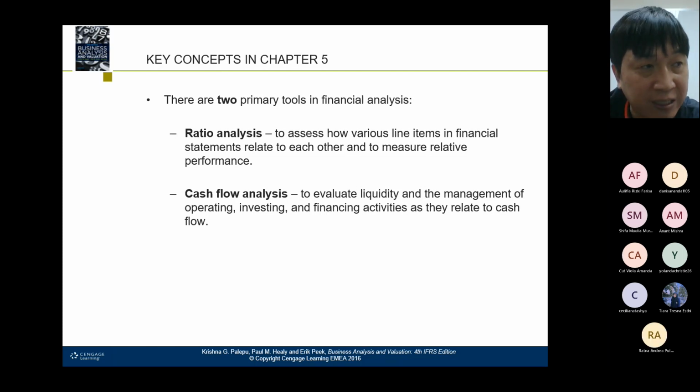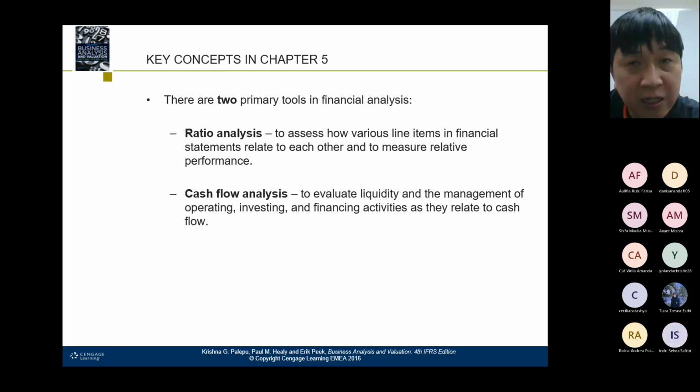You can take the equity from the balance sheet, and also take the profit or loss from the income statement, to form the ROE, return on equity. This kind of ratio is called ratio analysis.